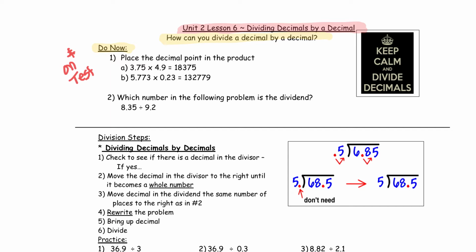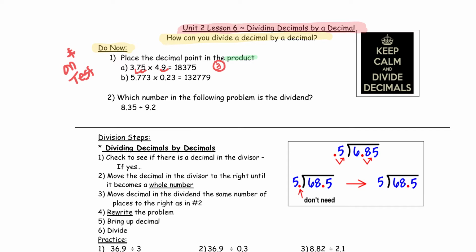Number 1 says, place the decimal point in the product. So for letter A, it has 3 75/100ths times 4 9/10. All they want you to do is to determine how many places you have to count in your product to place the decimal. In letter A, there are 1, 2, 3 places to the right of the decimal in the factors.